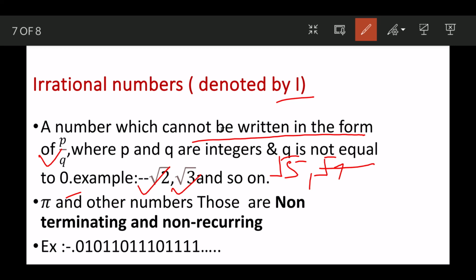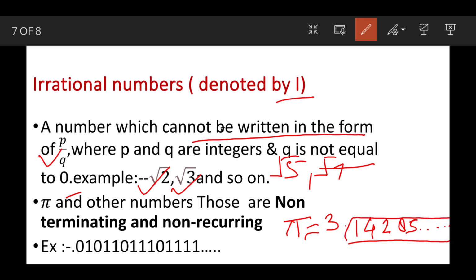And the best example of an irrational number is pi, because it has a value 3.1428 and so on. It never ends. This means the expansion is not terminating, and the digits are not repeating in any pattern.